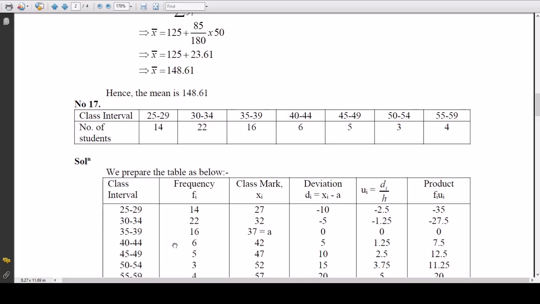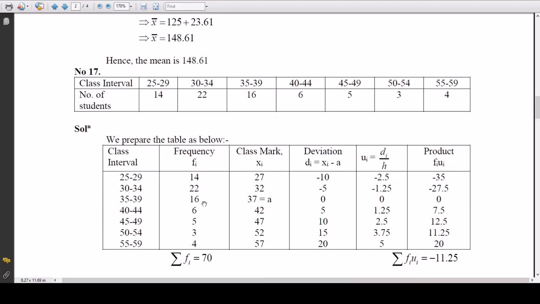Here also I have written the values as per the data given in the above table. 45 to 49 it is 5, 50 to 54 it is 3, 55 to 59 it is 4.